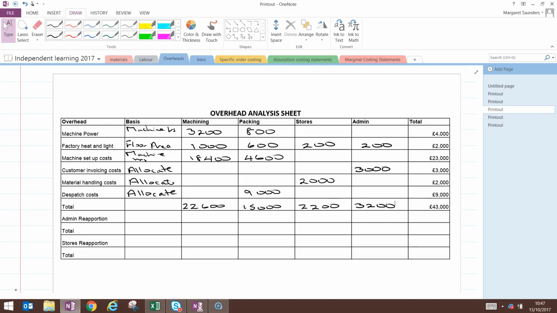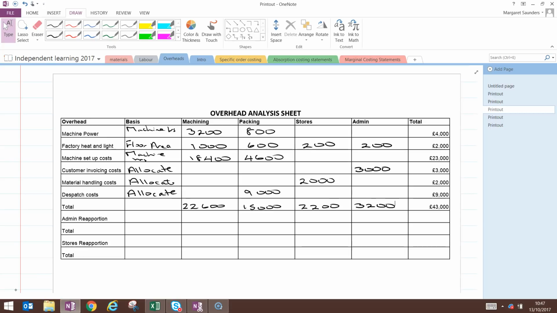So the machining and the packing we know are production departments. At the start of the example we were told that the products spent time in each of these departments being machined and having some labour work done. The stores doesn't actually produce the product, but provides the materials for the production departments.